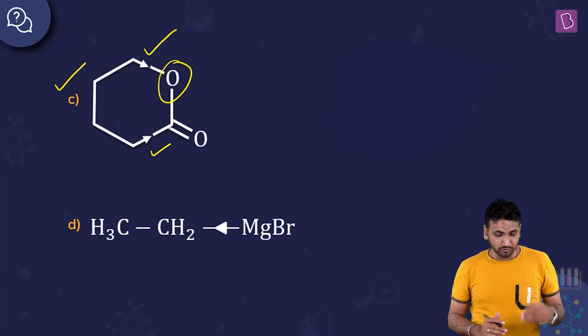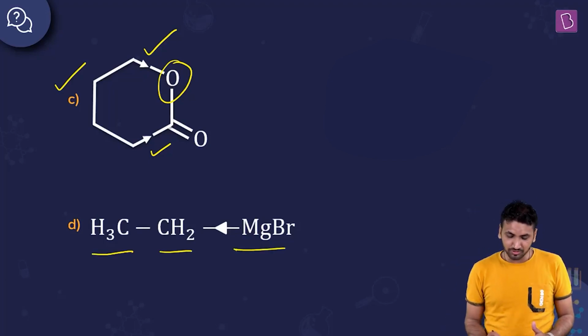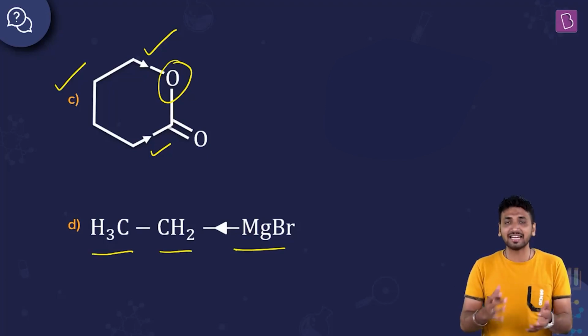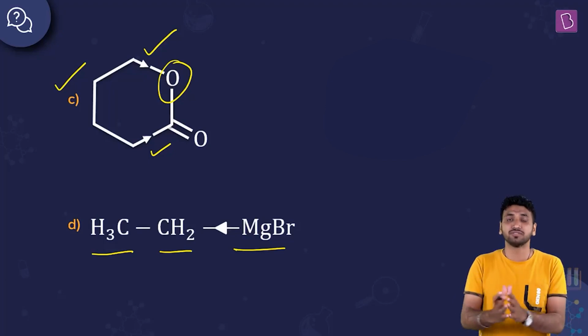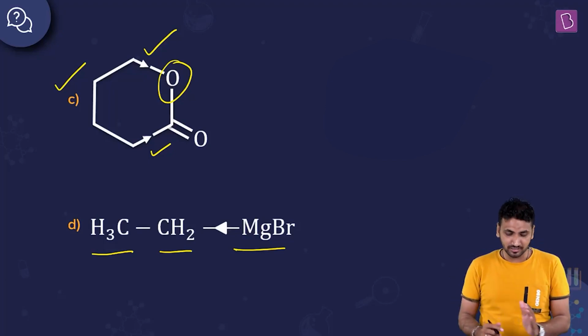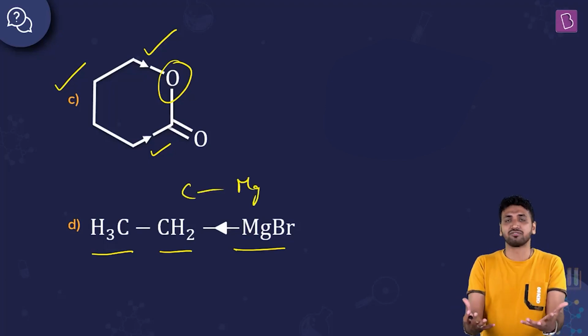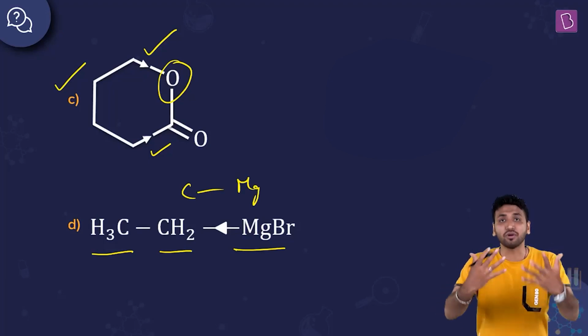Fine. Moving on to option D, you have CH3CH2MgBr. Okay, magnesium. This is like a Grignard reagent, right? Ethyl MgBr, and you're going to read about this further. This is an organometallic compound, right? This C-Mg bond. Mg is a metal, of course. It is electropositive in nature.